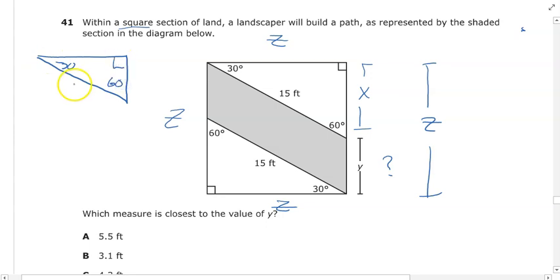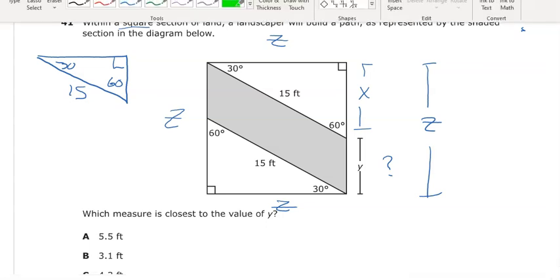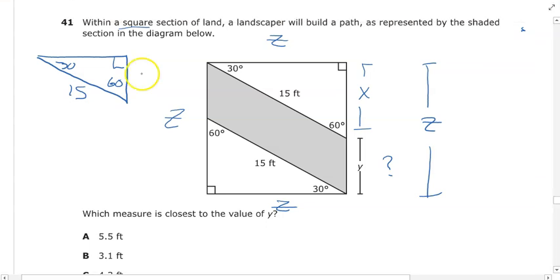So we know the hypotenuse is 15 feet. If I label this in terms of the sides of a special right triangle for x, I know the side opposite of 30 is x, opposite of 60 is x square root of 3, and the hypotenuse is 2x.